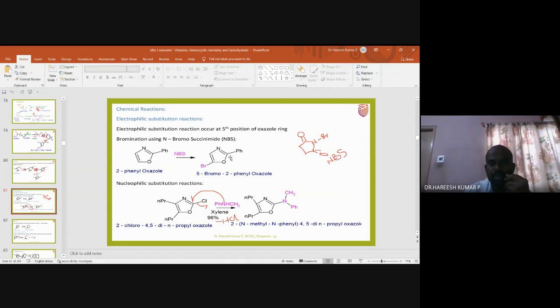In terms of words, 5-bromo-2-phenyl oxazole is obtained by the reaction of 2-phenyl oxazole and NBS.